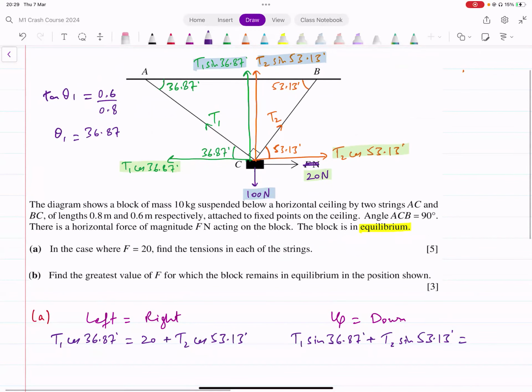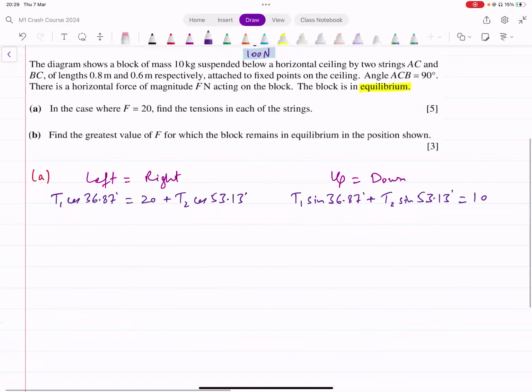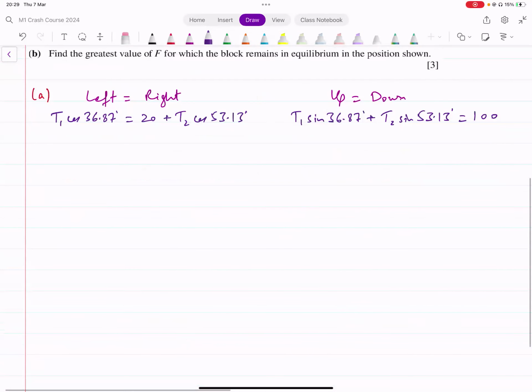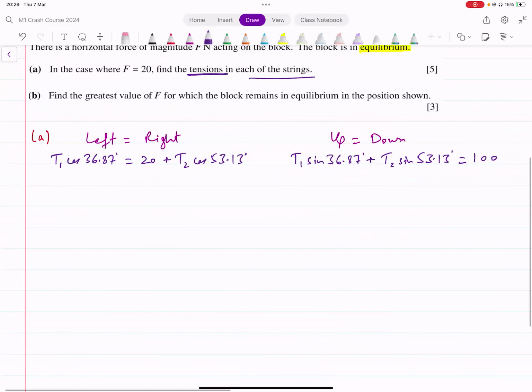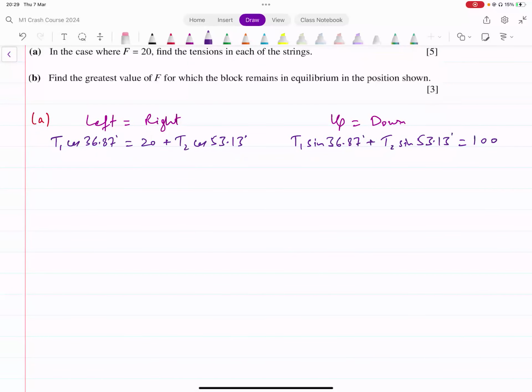That equals the downward force, which is 100. These are 2 equations. We are just going to solve them simultaneously, and that's going to give us the values of T1 and T2. So it says find the tensions in each of the strings. So we have to find both tensions, T1 and T2. We can just solve these equations and find those 2 tensions.